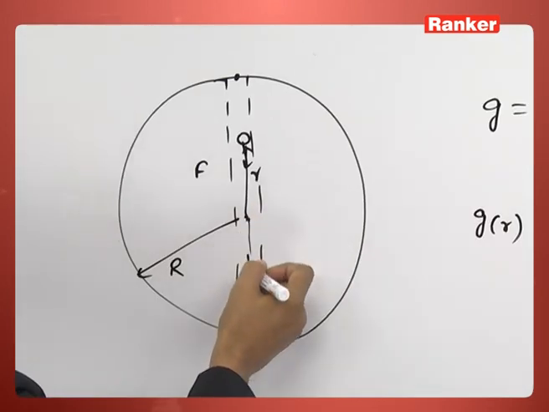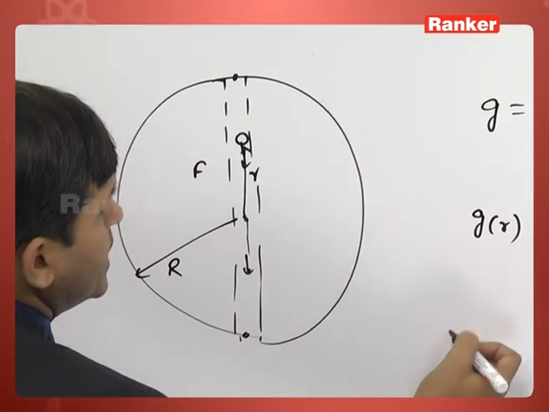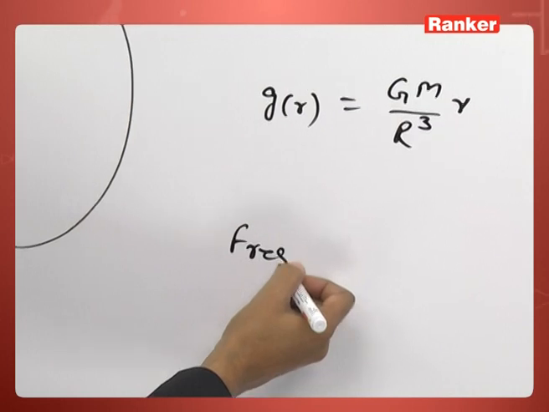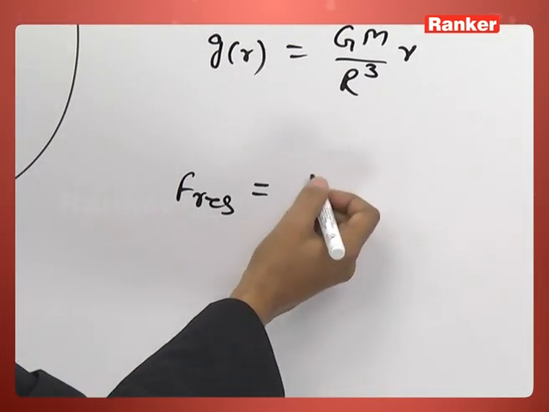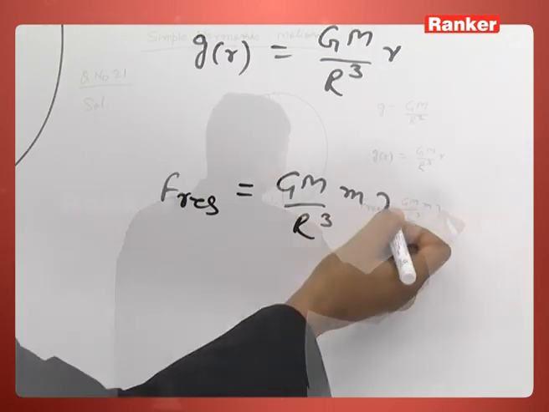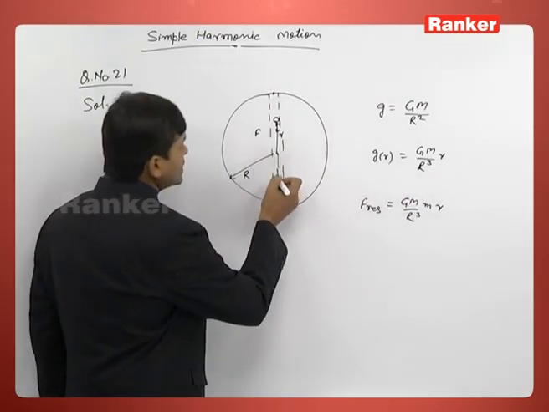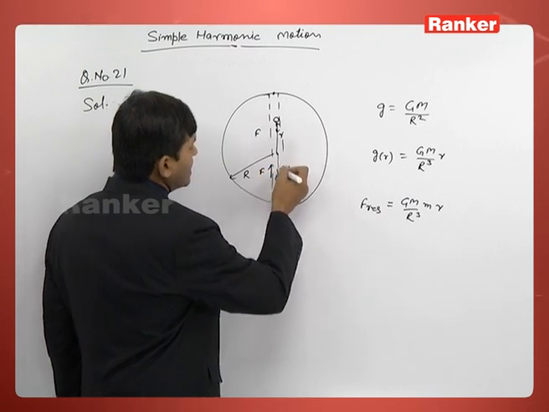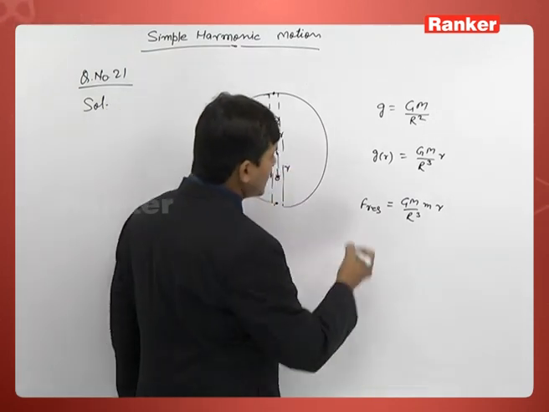So, we can say at any position, suppose here, the restoring force F restoring is equal to GM by r cube into m into r at this location. The restoring force is in that side, but the displacement is in this side.